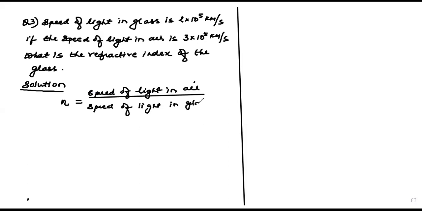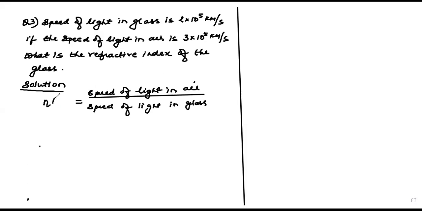Refractive index of any medium is speed of light in air upon speed of light in that medium. Refractive index of glass is speed of light in air upon speed of light in glass.